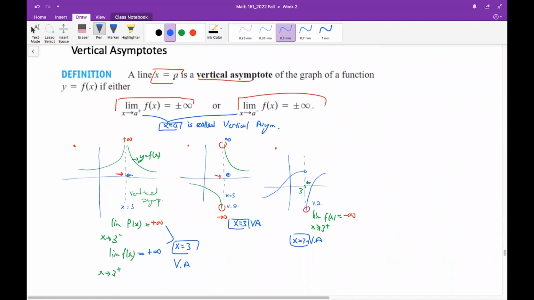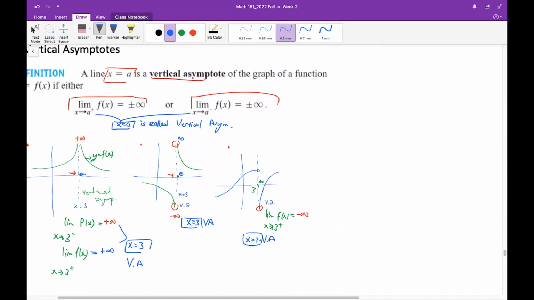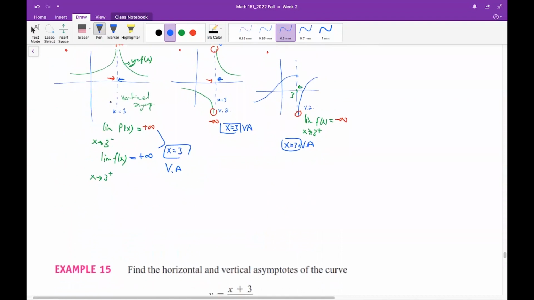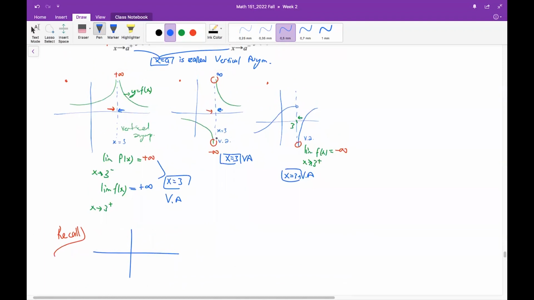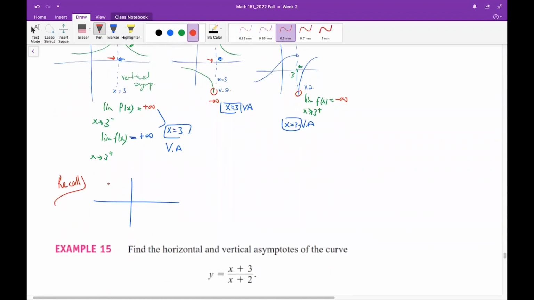So do you remember what a horizontal asymptote is? We just covered it 10 minutes ago. So maybe I should recall it so that you see the difference and you remember things correctly. Okay, this is a vertical asymptote, which is a vertical line. What was the horizontal asymptote?